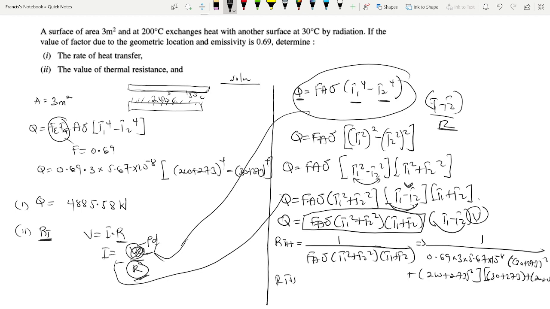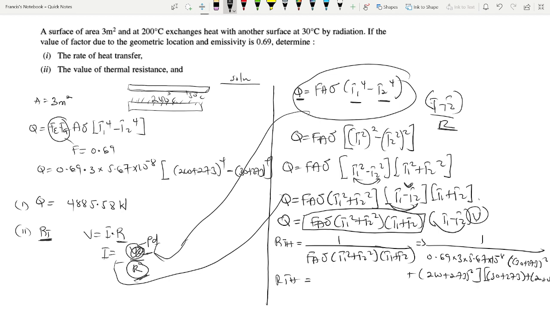Our thermal resistance becomes 1 over that. In the calculator: 1 over 0.69 times 3 times 5.67 times 10 exponent -8 times ((30 plus 273) squared plus (200 plus 273) squared) times (30 plus 273 plus 200 plus 273).